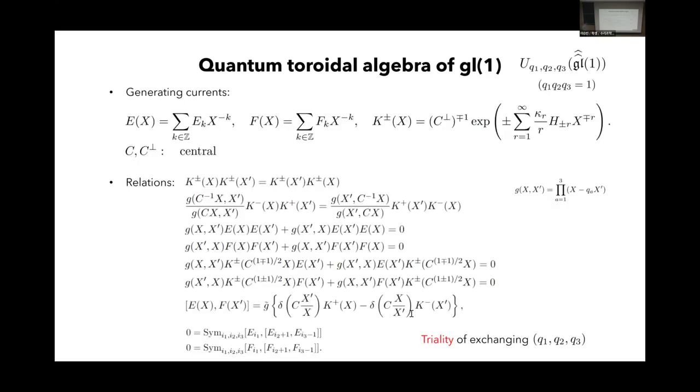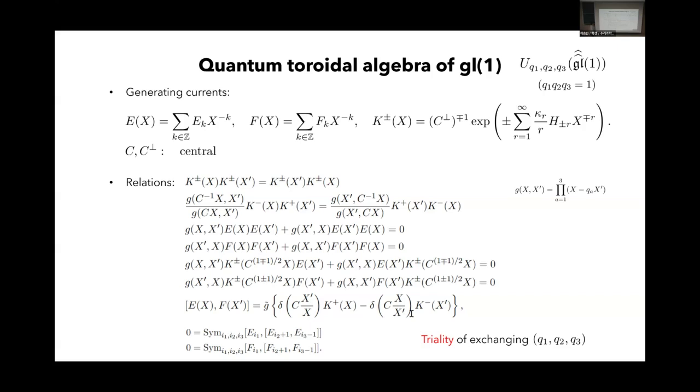Now I'm giving you the definition of the quantum toroidal algebra. This is complicated enough, but not so different from the quantum affine algebra that we have seen yesterday. All you have to remember from this slide is that the generators are called e_k, f_k, and h_k^±. They are gathered into formal Laurent series, into currents e(z), f(z), and k^±(z).